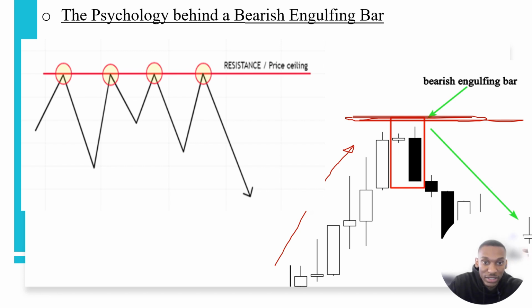So if you are not in a trade and you see it forming near your resistance level in an uptrend, it can be used as a sell signal. After seeing this near resistance in an uptrend, you can use this pattern as a sell signal, meaning you can enter your sell here and ride it all the way down.